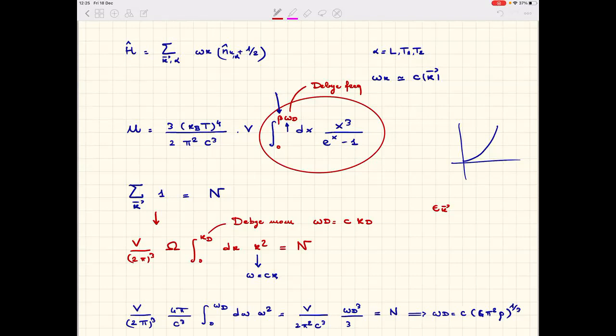Yes. So what I'm saying here is the following. Here I'm using the usual trick. In principle, when I compute the average energy, I should write down a sum over k of, so internal energy should be sum over k and alpha, omega_k, average n_k, right? This should be the internal energy.